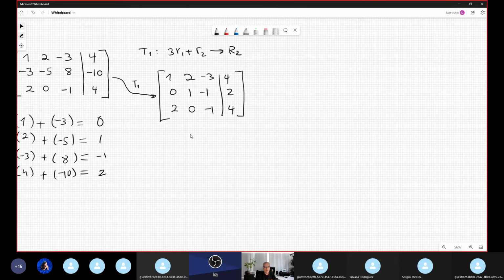Next, I want to copy here transformation 2. Transformation 2 is minus 2 R1 plus R3, stored in R3. Of course, you forgot this. This is old. Now this is new.